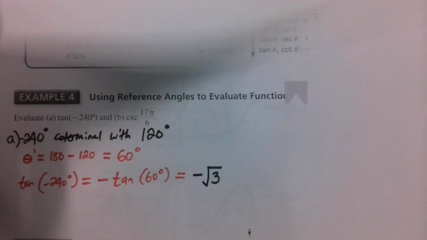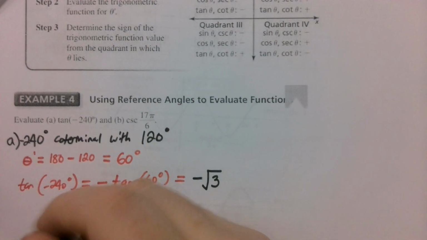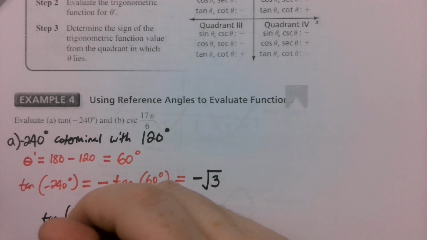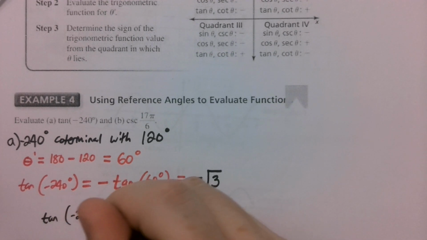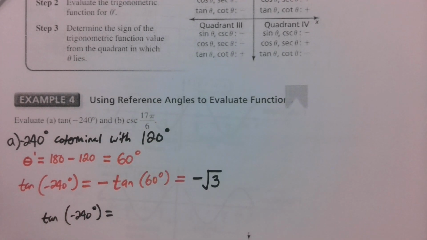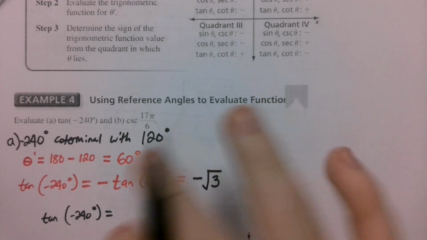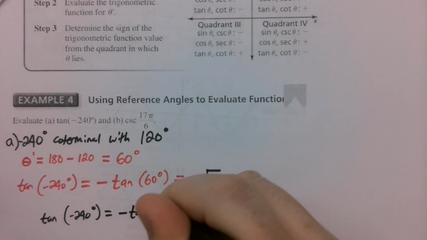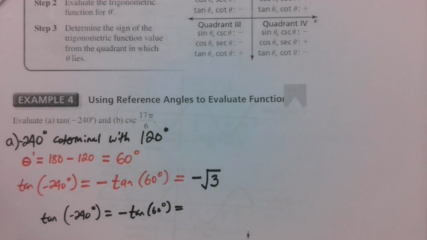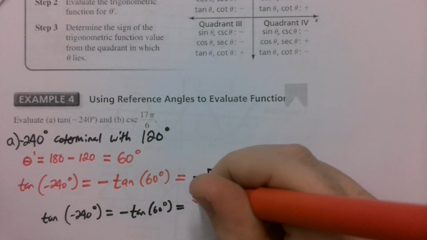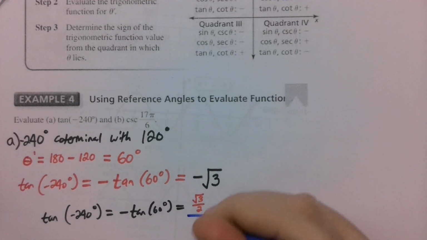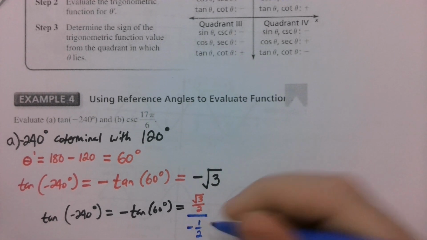So using the unit circle method, we would say that the tangent of negative 240 degrees is just the same as the tangent of either a 120 degree angle or negative tangent of 60 degrees, however you want to put it. It's going to be our y value, which is the square root of 3 over 2, divided by our x value, which is negative 1/2.